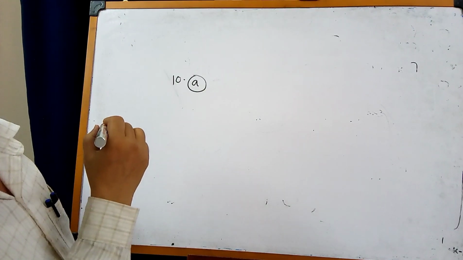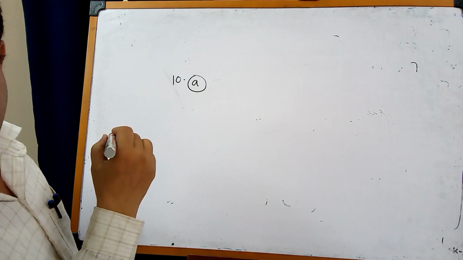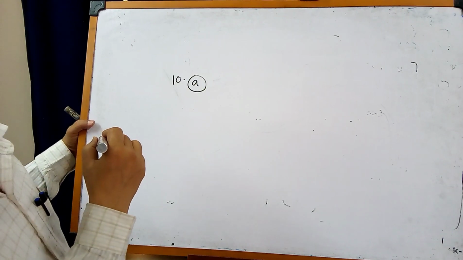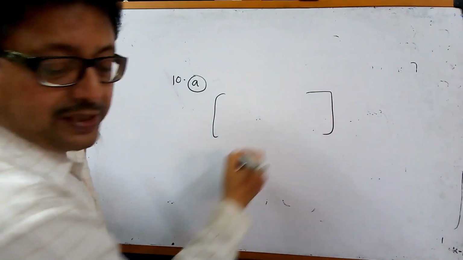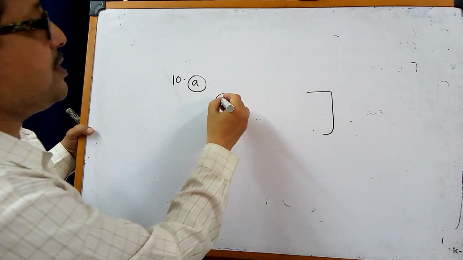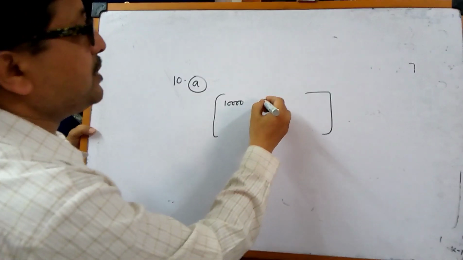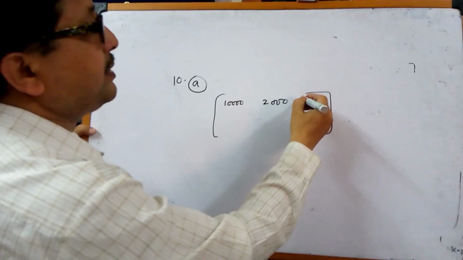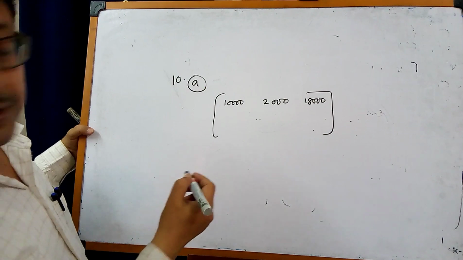So to find the total revenue, we will be arranging for the 2 markets separately. Total revenue in each market with the help of matrix algebra. Market 1 is given in this first row, that is 10,000. One product is costing 10,000, the other one 2,000, and the third type 18,000.